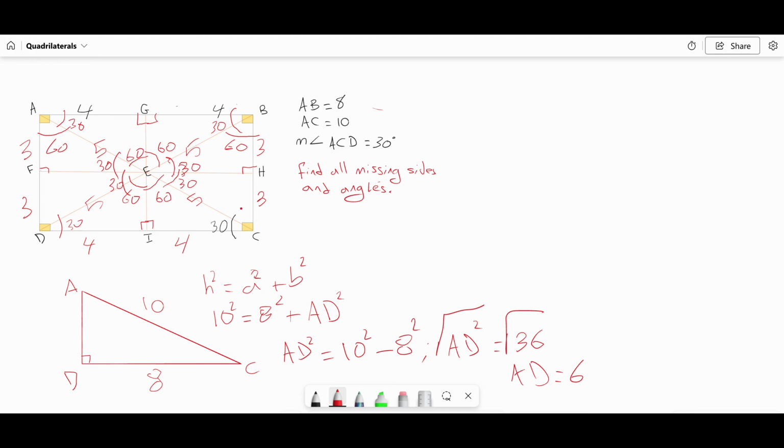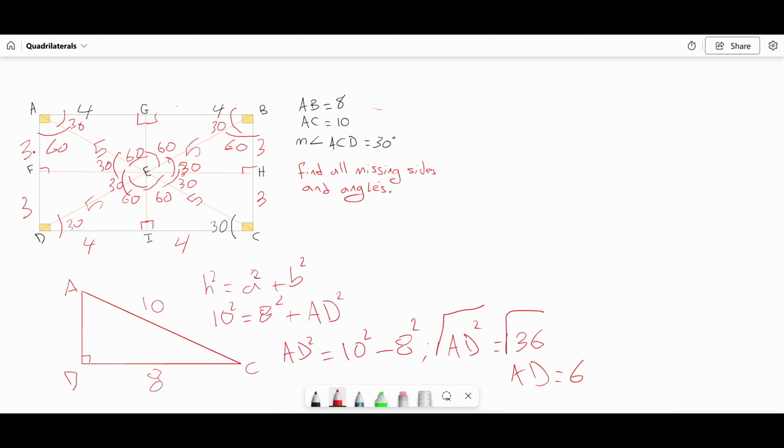And by angle patterns, we know that this angle, for example, is equal to this angle because this side AB is parallel to side DC, and this line AC is cutting two parallel lines. So we know that these two angles here, this one and this one, are 30, and these two angles are also the same, 30.